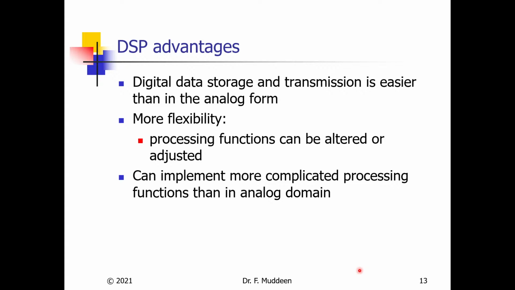Because these signals are just one-dimensional vectors of instantaneous magnitude values, it's a lot easier to store and manipulate them. You don't need to build any fancy circuits. You just put on one processor, and you can reprogram the processor as required to do any sort of processing function.